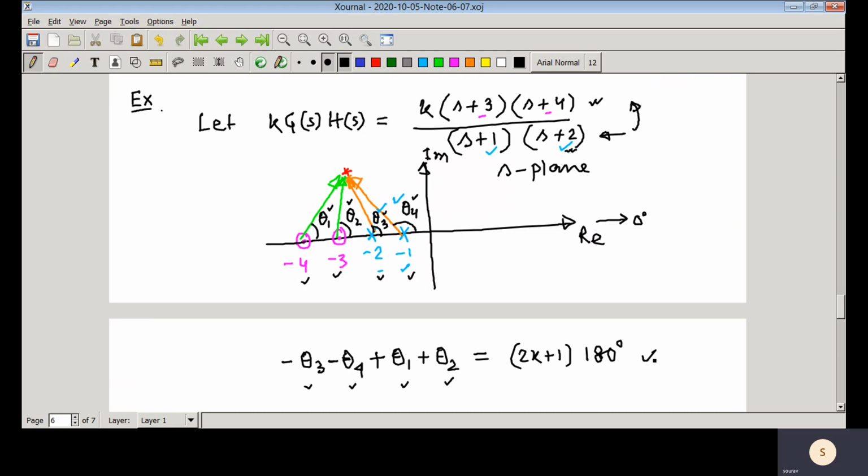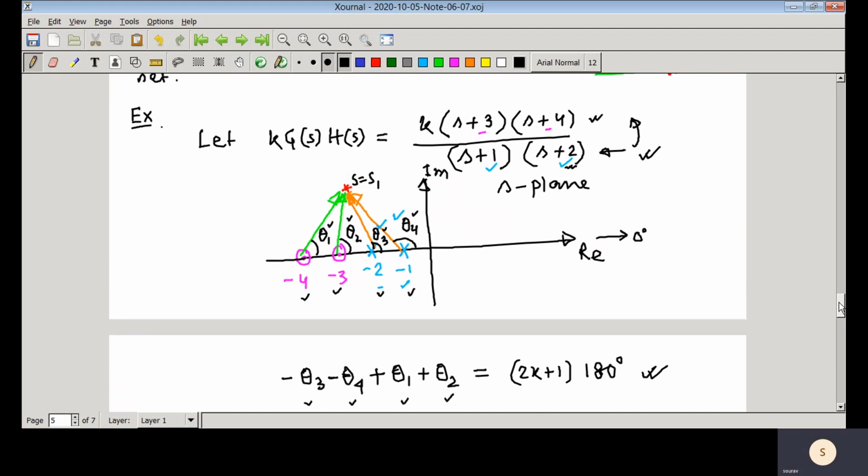So if this particular condition is satisfied, then we would say that this point, S equal to S1, would be satisfying the characteristic equation for this particular open loop transfer function.